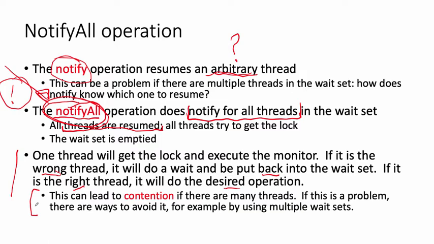I have contention, okay? Then my application is starting to become overloaded. So usually in normal operation, there will not be so many threads in the wait set, maybe 1 or 2, okay, but not 100. But it is possible for there to be many, and the system will be correct, even though it might be slightly less efficient.